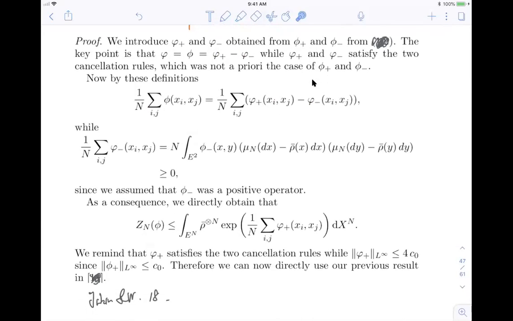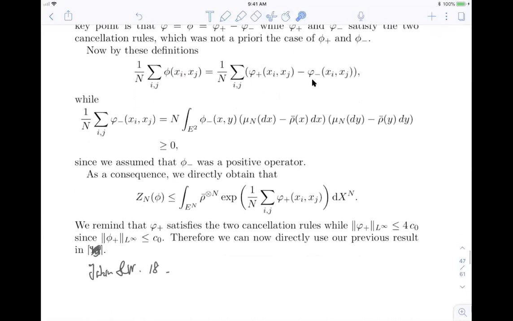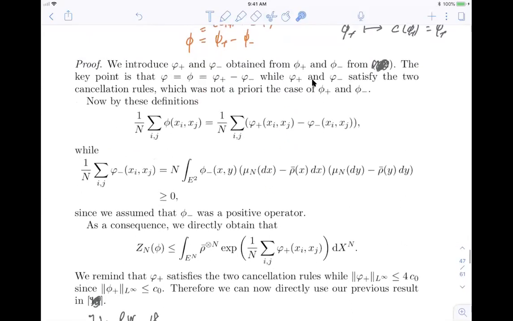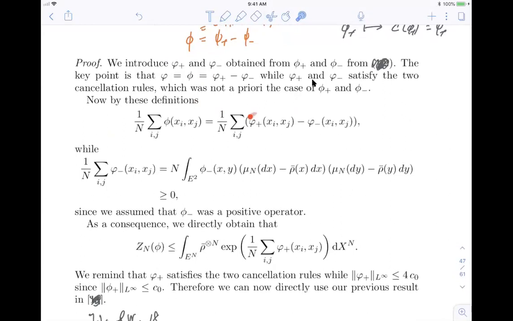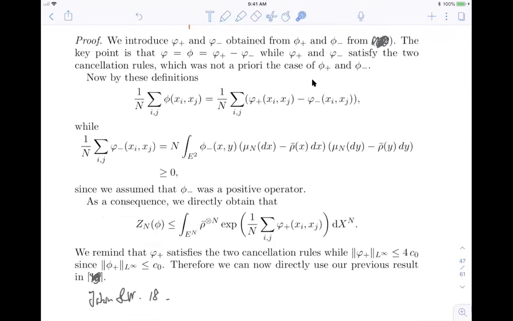Okay, so now we can write, this is the previous summation, this is just the definition of phi. So what's this, phi minus? Phi minus just equals to this. Sorry, this is different, this is a symmetrized one. So if you sum up the symmetrized one, you get the following.